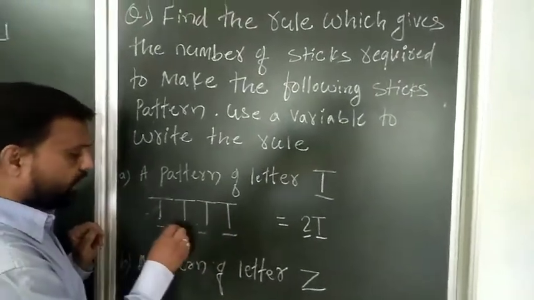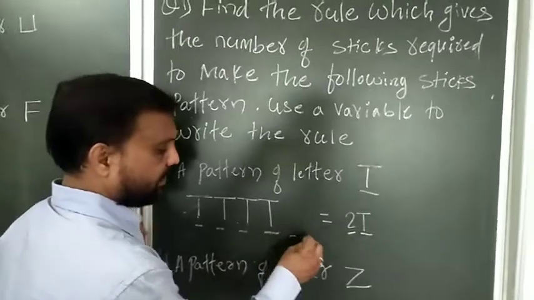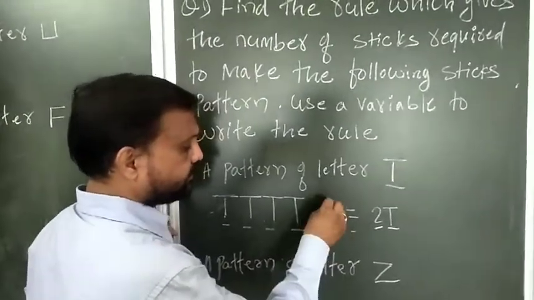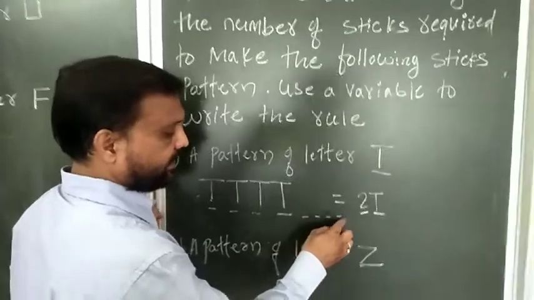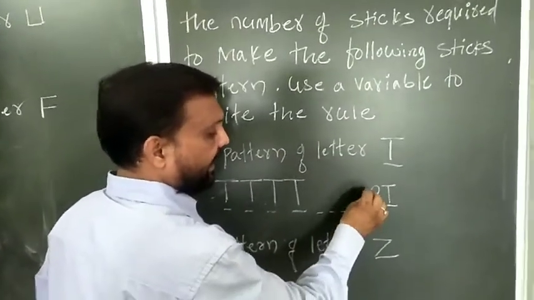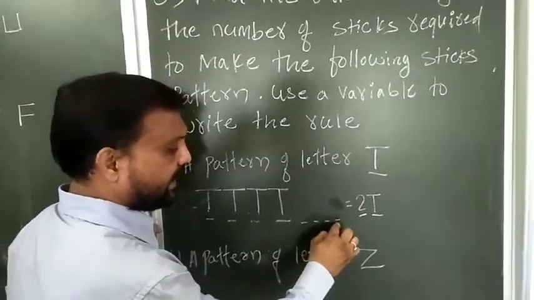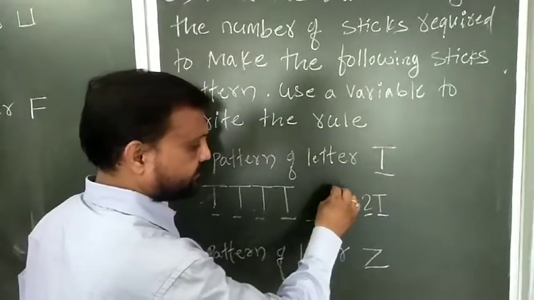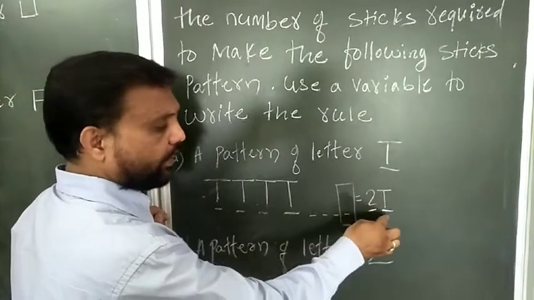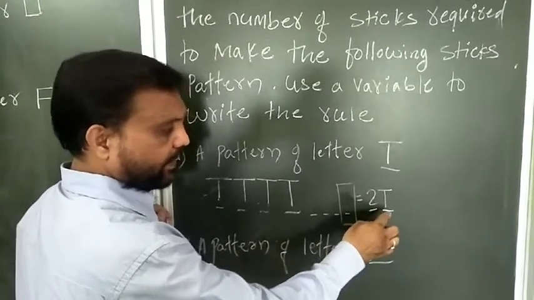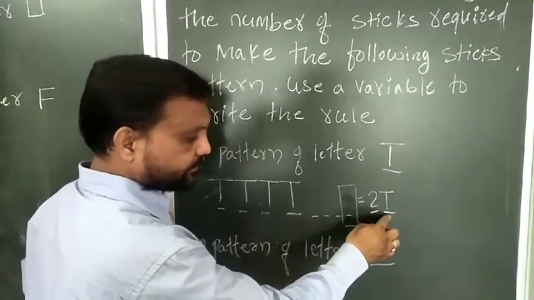So if I want to find, in the first, second, third, fourth, fifth, sixth, seventh, eighth, in the 8th term, how many sticks are required? This is our 8th term. So here the rule is 2T.